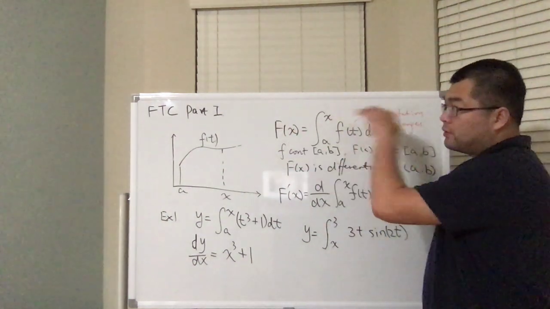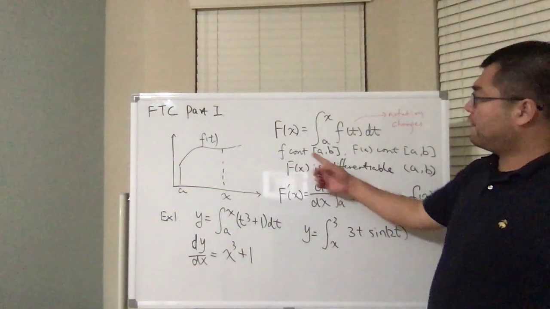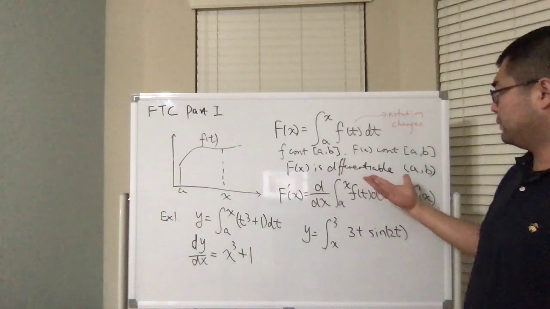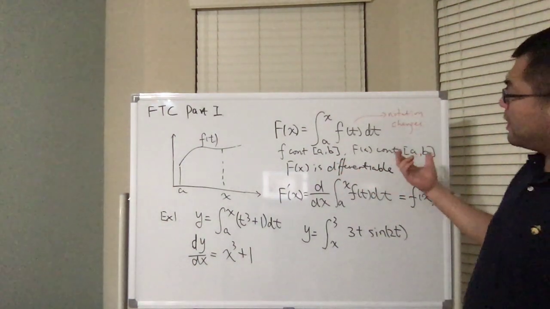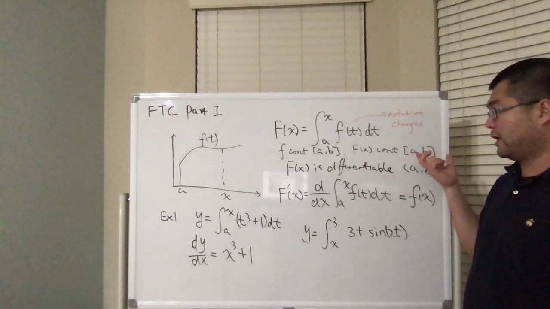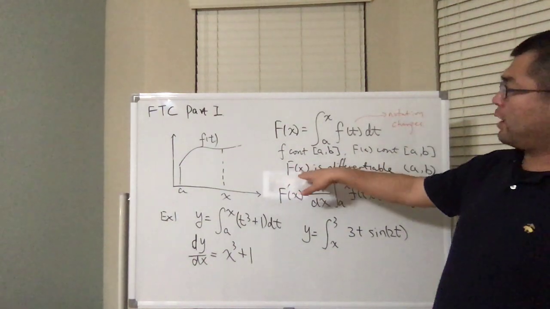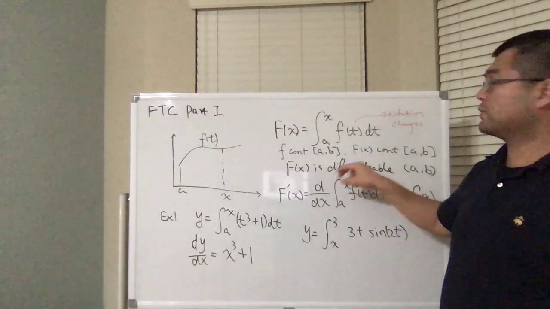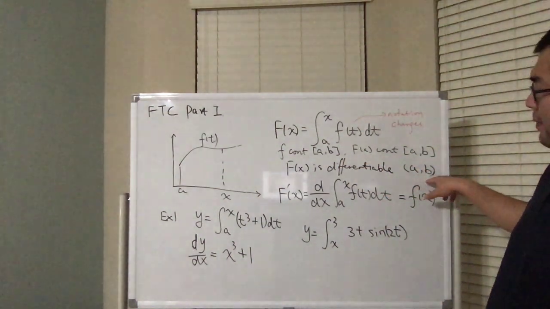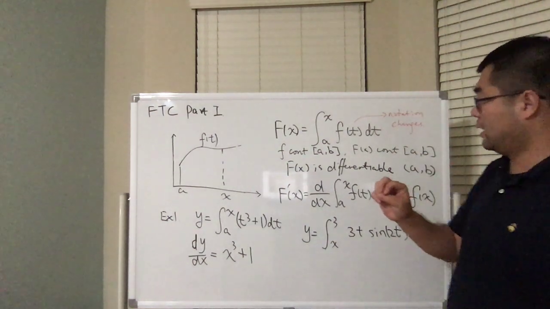And the fundamental theorem of calculus part 1 says like this. If I have a function f that is continuous on the closed interval from a to b, and correspondingly capital F of x is also continuous on my closed interval, and meanwhile I know that capital F of x is differentiable on the open interval from a to b, then magic happens.